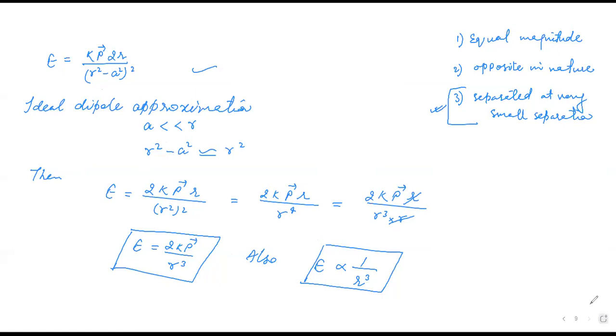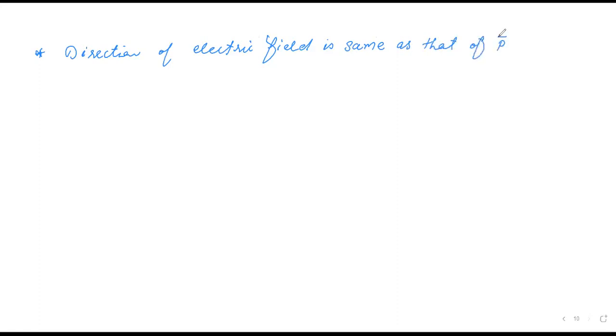Now the next point, we are going to calculate once again the direction. How can we calculate the direction, or how can we draw the direction? Just for understanding, the direction of electric field is always the same as that of vector P. Now we are taking two different cases here.